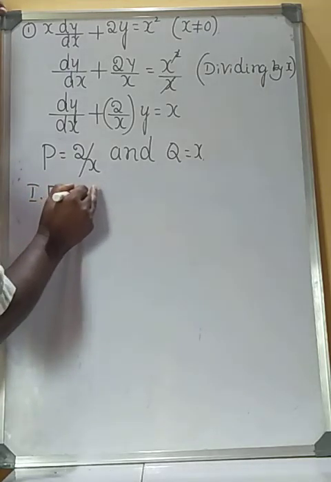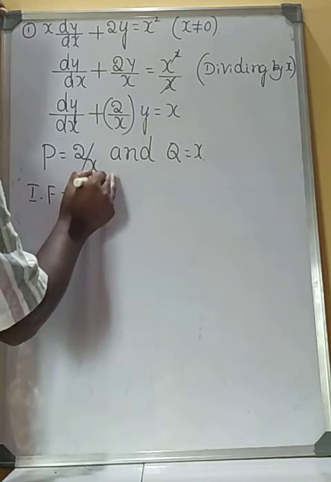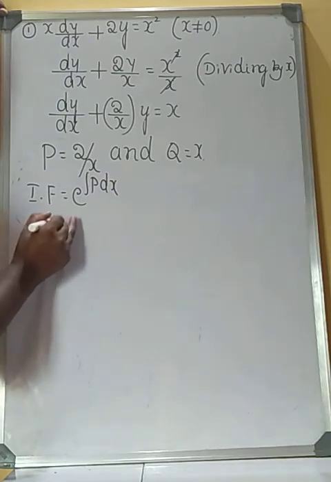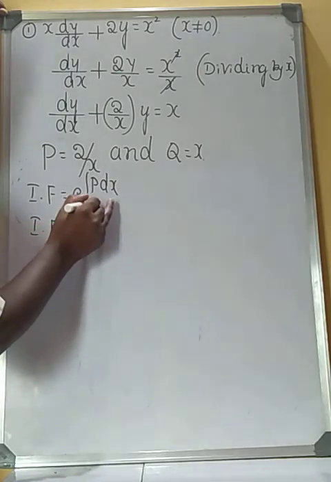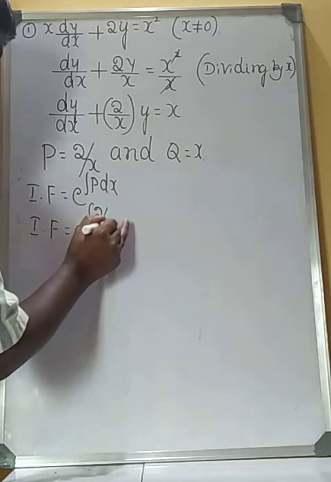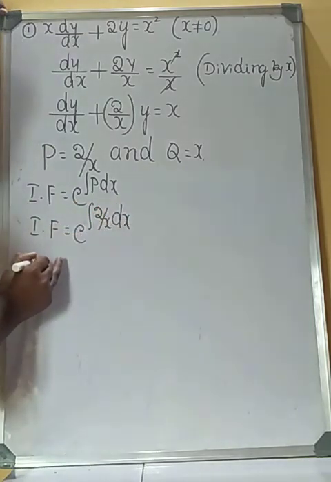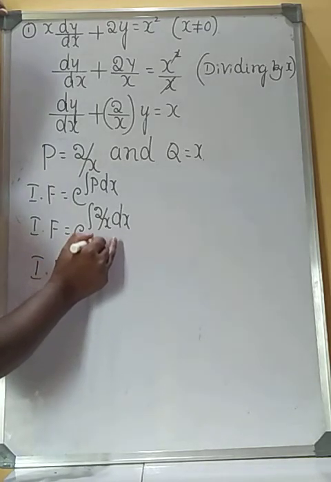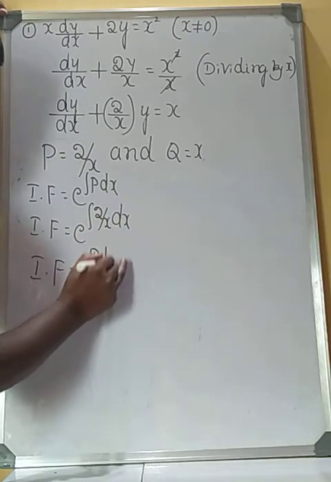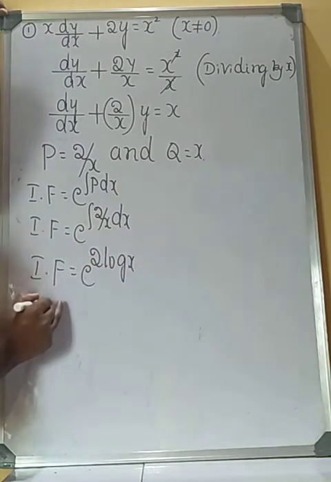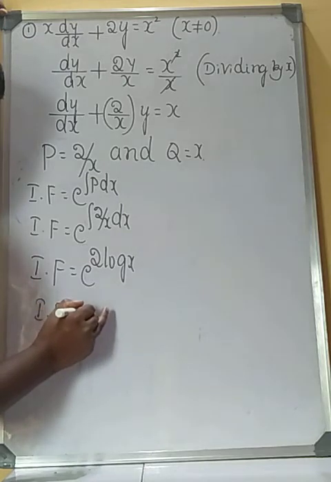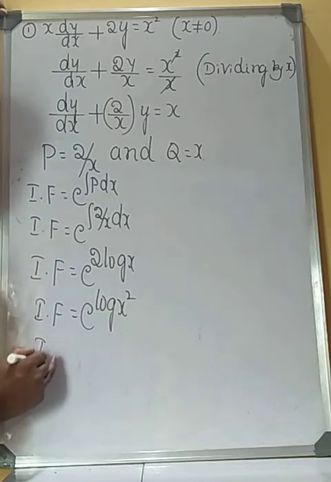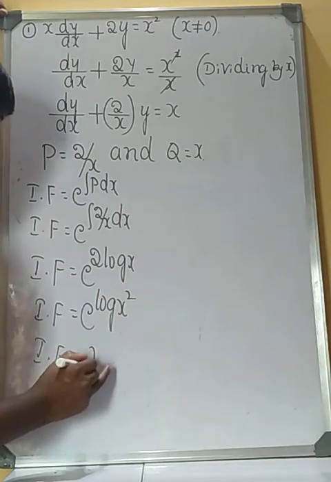Integrating factor is equal to e power integral of p dx, that is e power integral of 2 by x dx. Therefore integrating factor is e power 2 log x, which is e power log x square. Therefore the integrating factor is x square.